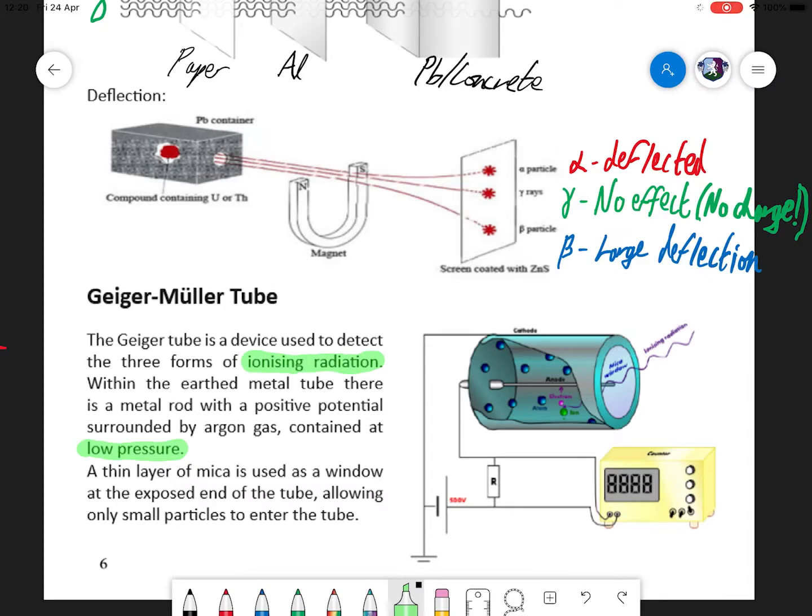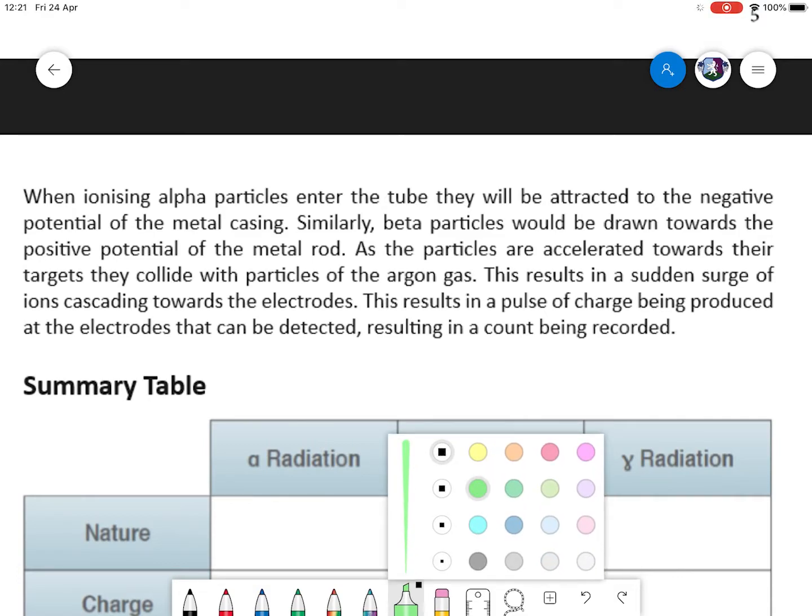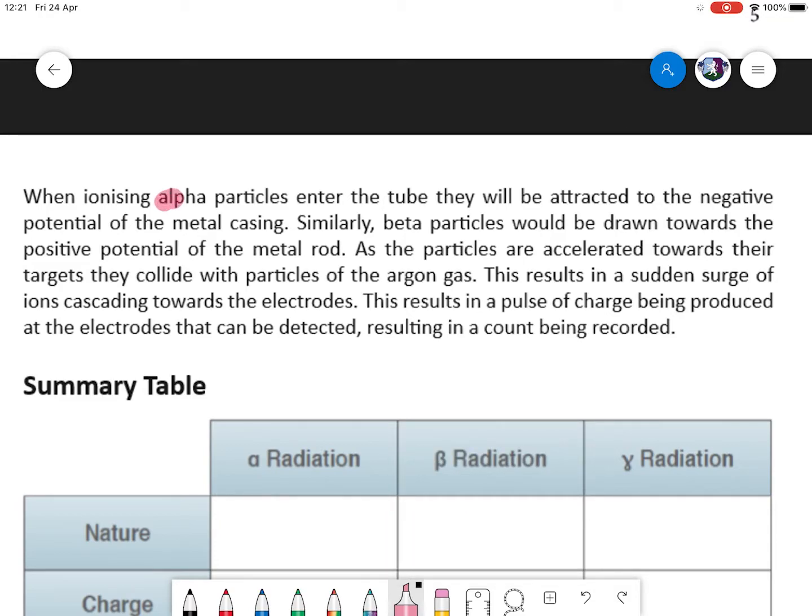We also have a low pressure gas inside the tube that allows interaction with the incoming radiation. Now, as the radiation enters through the thin mica surface, it allows interaction with the particles of the gas.